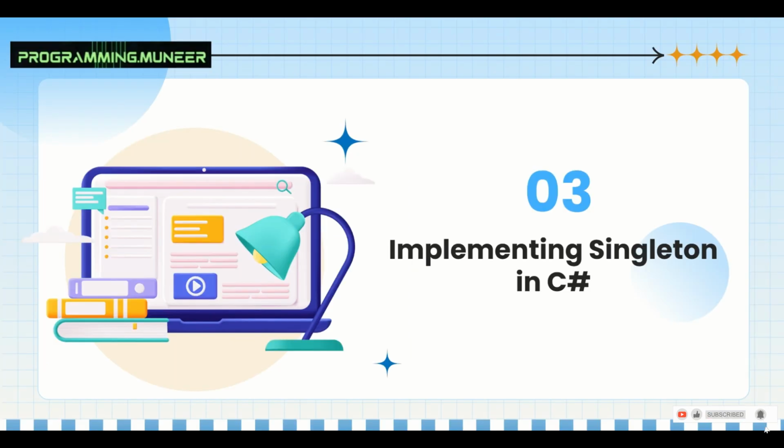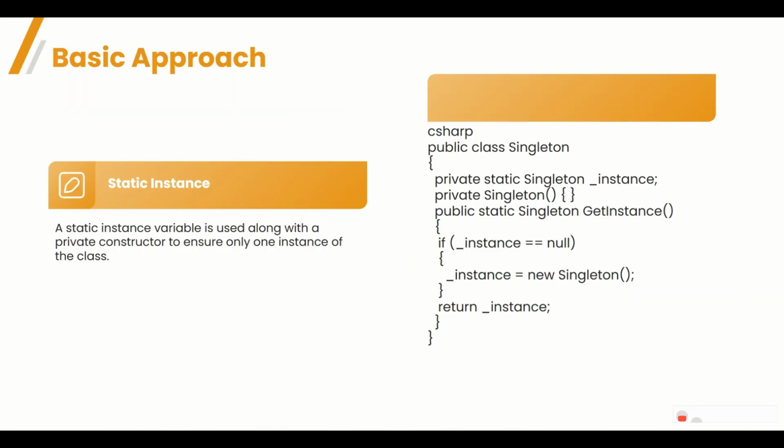Now, in this slide, we are going to check how we can implement Singleton in C#. Okay, so a static instance variable, which I discussed earlier, will hold the instance. That's going to be a single instance, right?